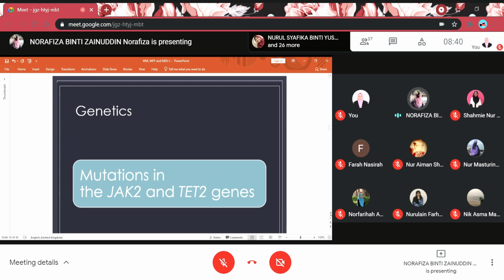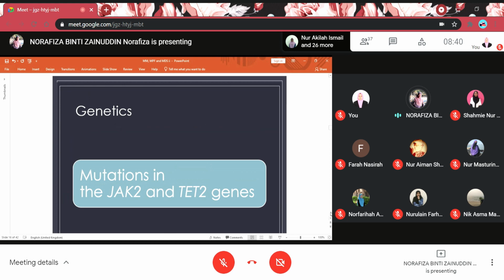They have potential to develop into all cells: red blood cells, white blood cells, platelets. And then when there is a mutation of the JAK2 gene, it will actually result in overproduction of JAK2 protein.